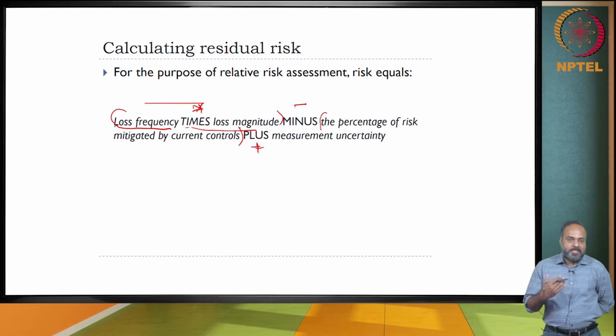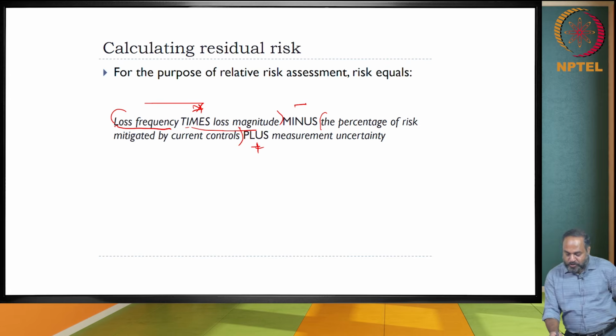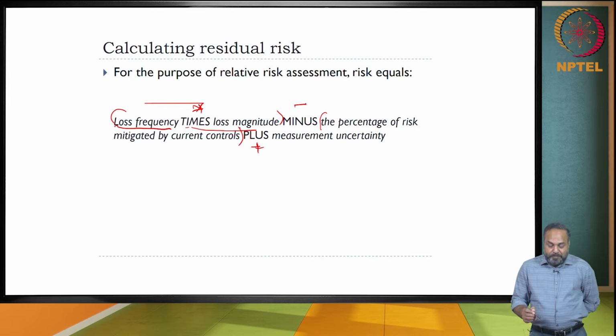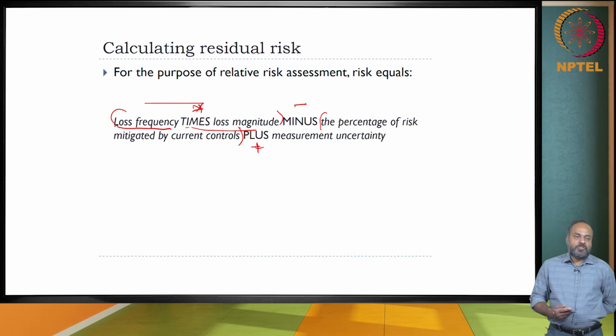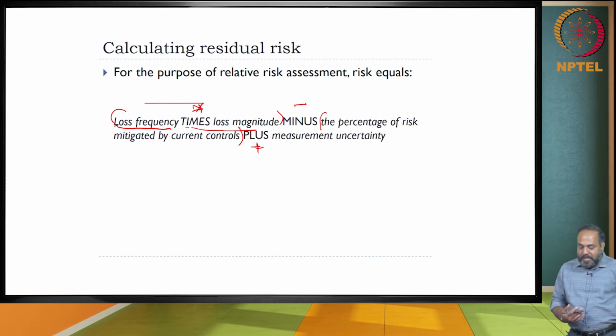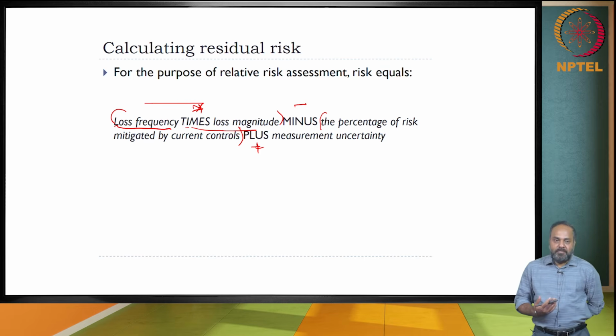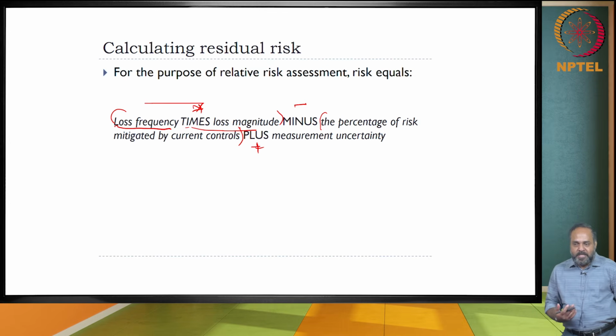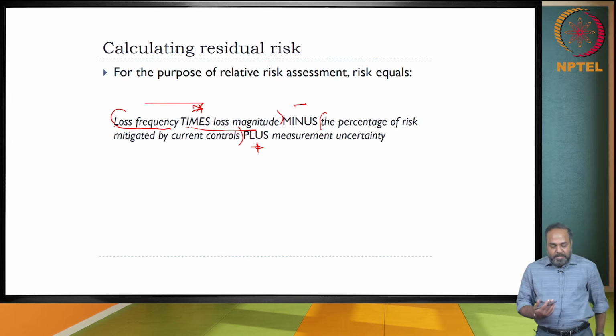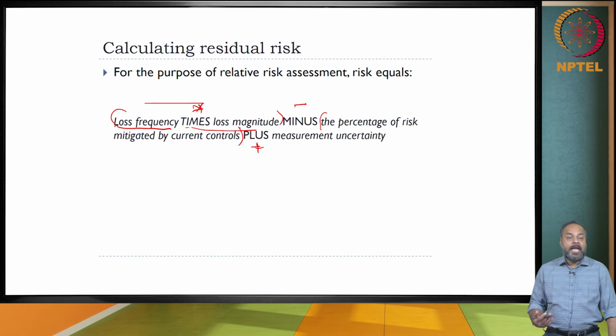There are certain current controls in place that mitigate some of those risks, so you subtract that. But then you add a measurement uncertainty. We have to keep in mind that loss frequency and loss magnitude are estimates. This is not an objective assessment, it is often a subjective assessment, and therefore there can be errors. That is called measurement uncertainty.